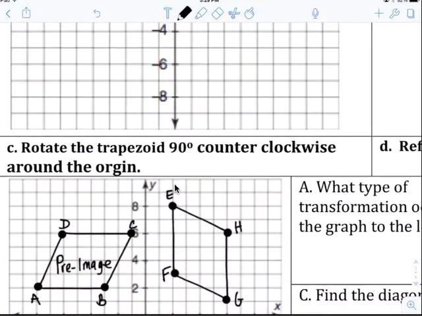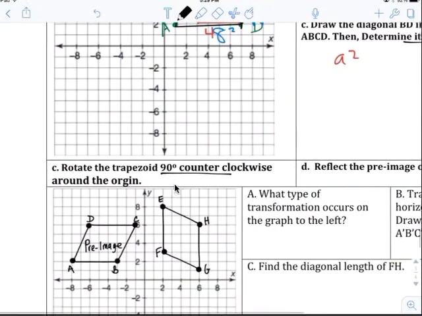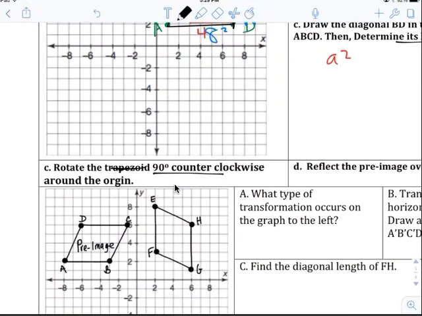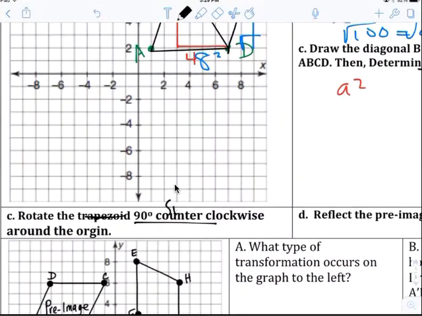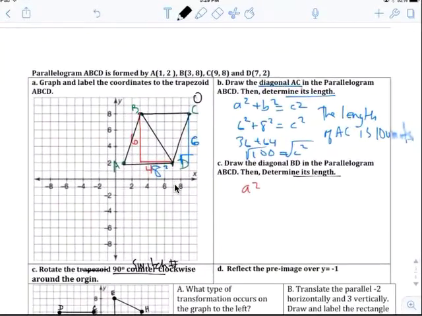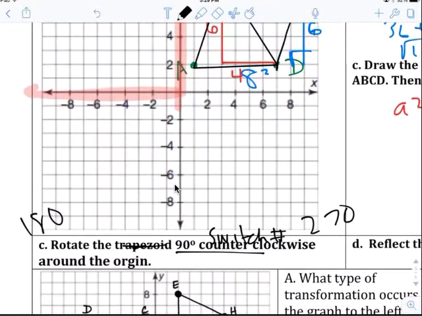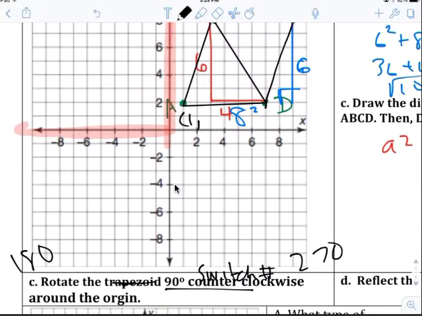Rotate the trapezoid 90 degrees. It should say parallelogram, sorry. 90 degrees counterclockwise. You remember needing to switch the numbers. 90, the opposite of a clock. 180, 270. So 90, all your answers will be here. Switch the coordinates. Okay, so A is 1, 2, so 2, 1.